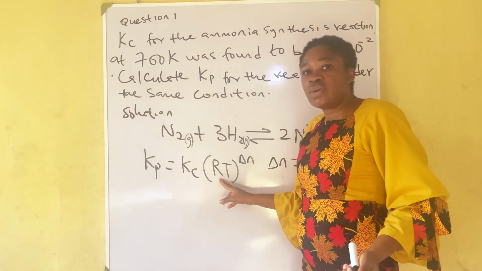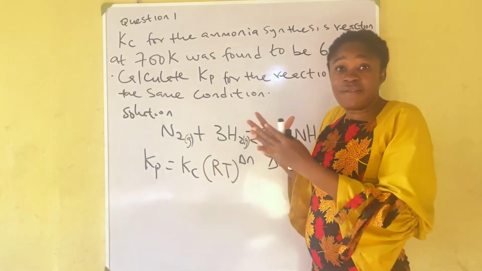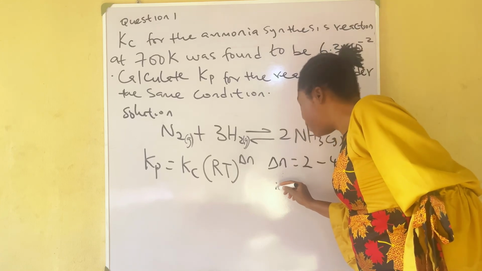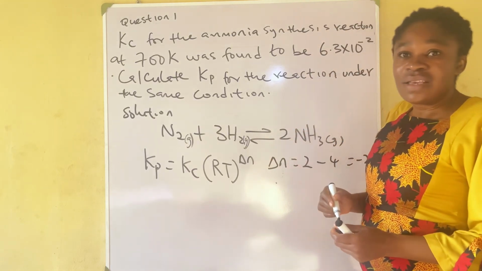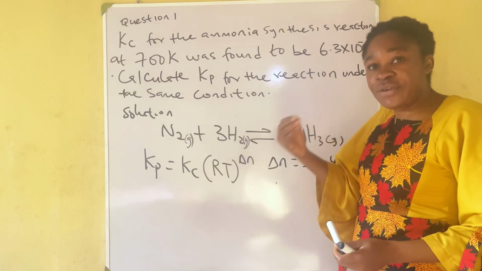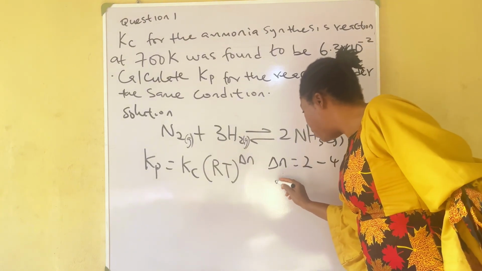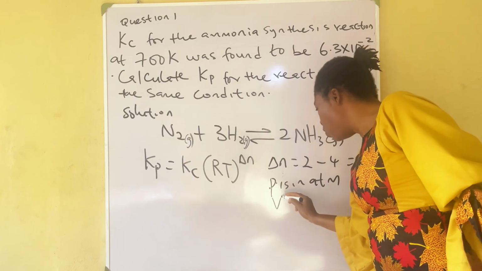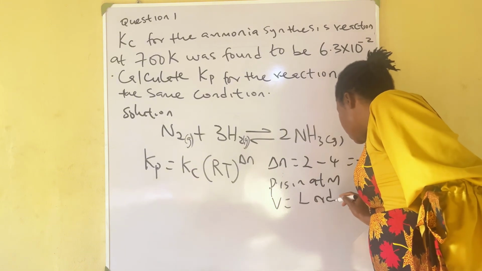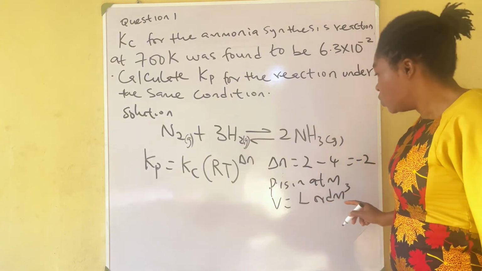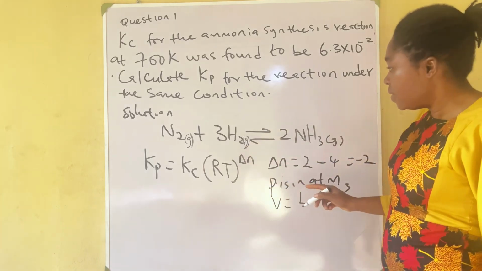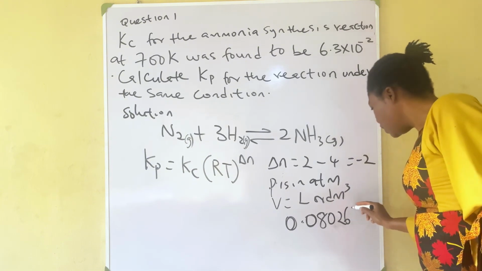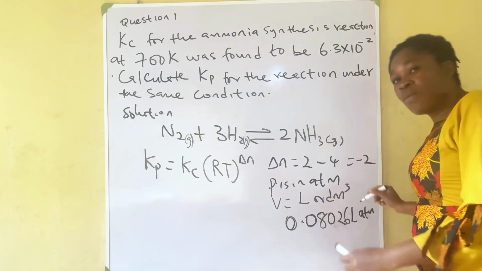This gas constant has different values depending on the units of pressure and volume. If pressure is in atmospheres and volume is in liters or decimeter cubed, the gas constant we use is 0.08206 liter atmospheres per mole per Kelvin.